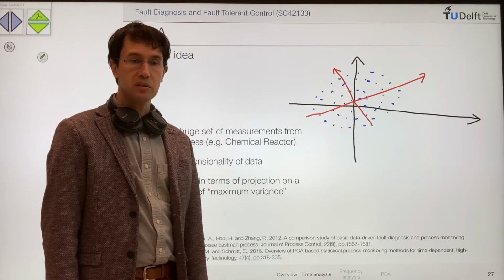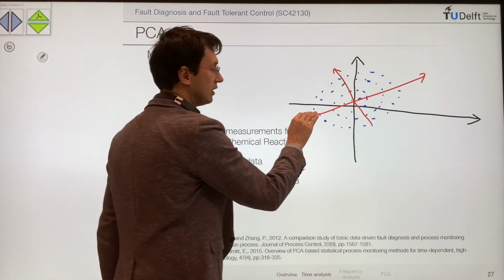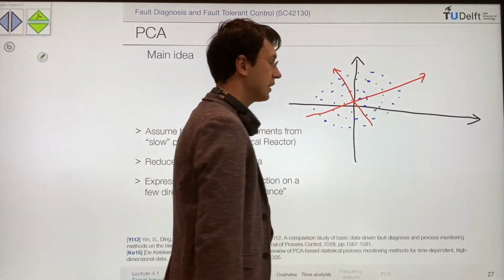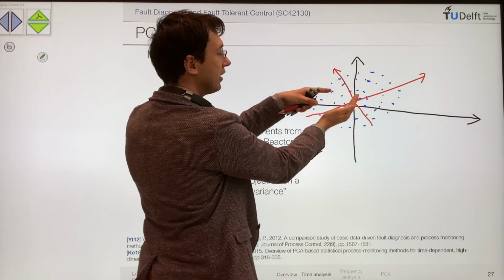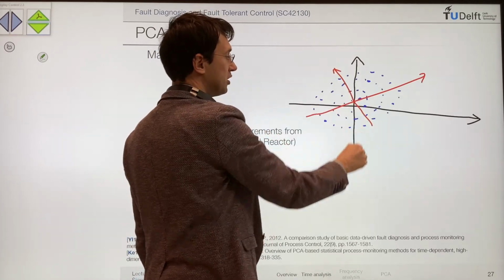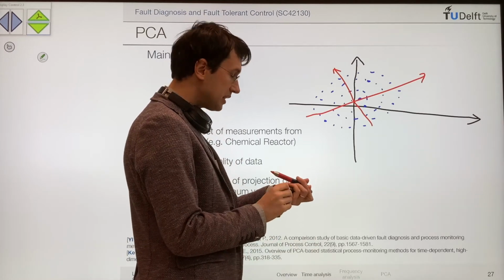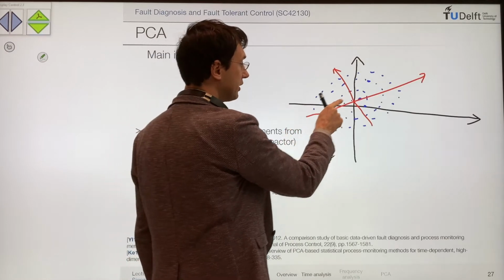So a way to reduce the dimensionality of this is to consider only the variation along this axis, because this is the one where most interesting things are happening. Especially if this ellipse is really, really squeezed, and so variation over this dimension is really small, it is somewhat negligible. So we may just be interested in where we are along this axis.